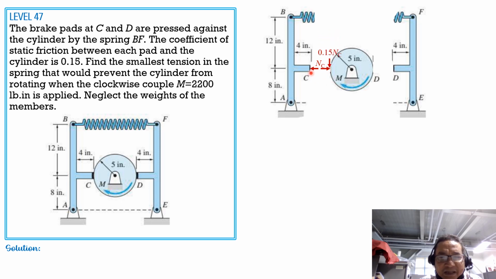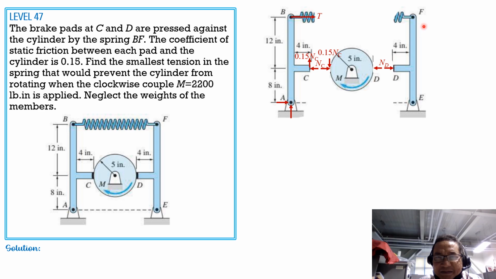So transmit it by the action-reaction principle. It is upward here, and the tension is denoted by T. Then of course there will be component reactions at A, and we are not interested in those component reactions. Just place them there so that our equation would be to sum up moments about A. Then at D we have ND also.